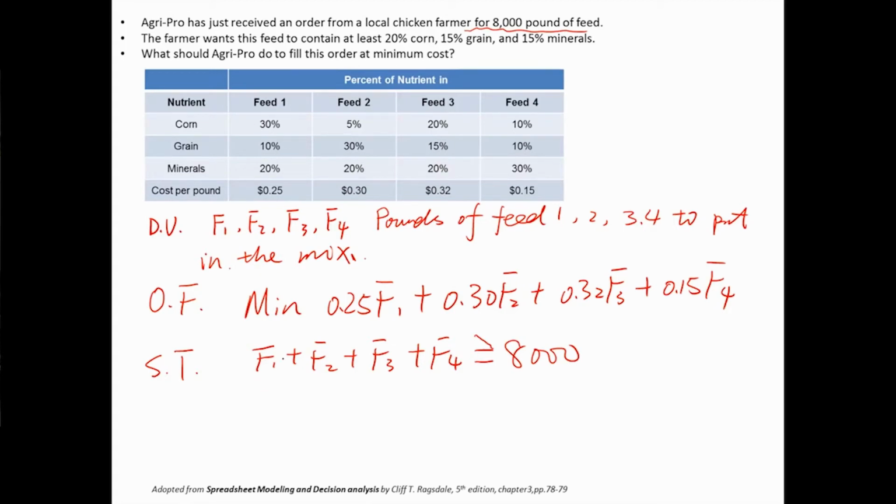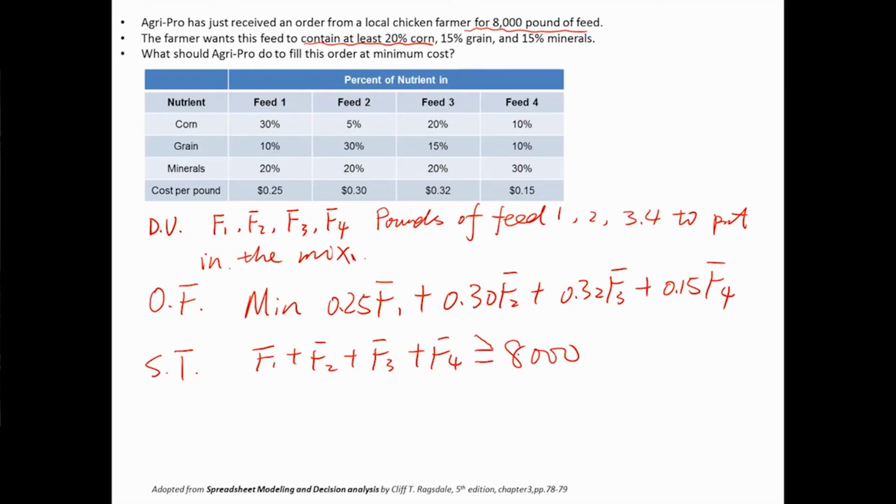Then we'll look at here. They want this feed to contain at least 20% corn. That means if you get F1 pounds of feed 1, that will give you 30% times F1 pounds of corn, plus all the corn that you get from the other 3 feeds. All the corn you get from these 4 feeds should be at least 20% of this 8,000 pounds.